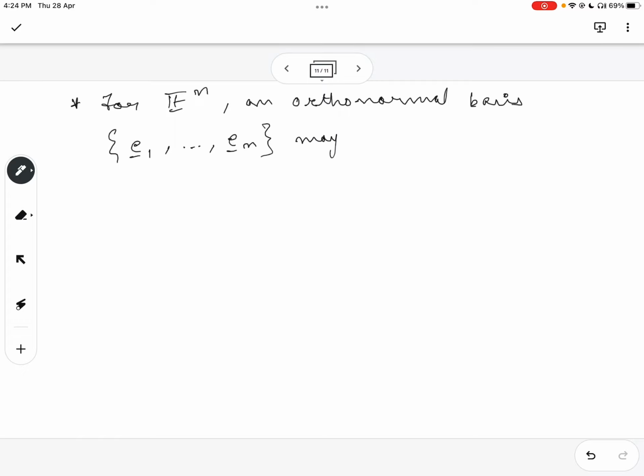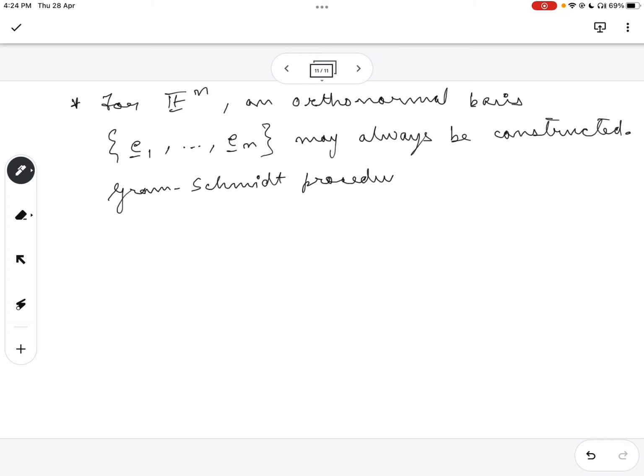For example, the Gram-Schmidt procedure is one of the processes to construct an orthonormal basis from a set of n linearly independent vectors.